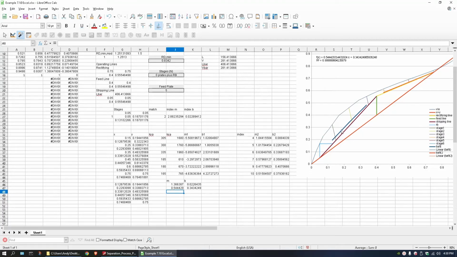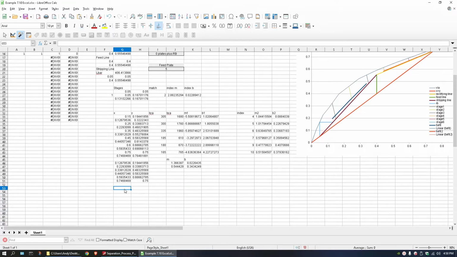Okay, so now we have a way of relating our yi to our specific y value, right? Cool. So since the kya values are lower than the kxa's, we're going to be doing an integral over our y values.